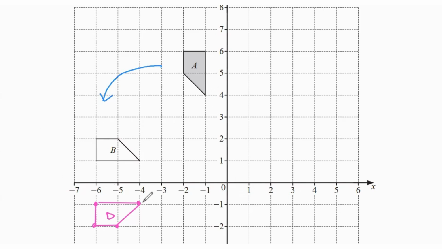And if we check the distance of the point from the center, this original point was 4 units vertically and 1 unit horizontally. So the transformed point is 4 units horizontally and 1 unit vertically, which is the opposite. So that shows that it's a 90-degree rotation. Direction is anti-clockwise, and the center is 0, 0.